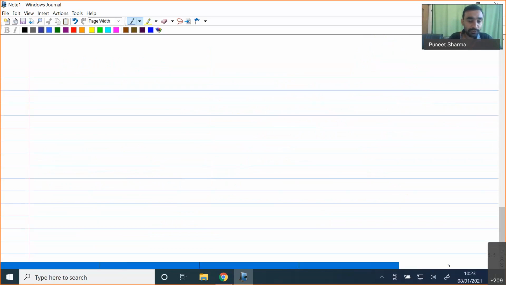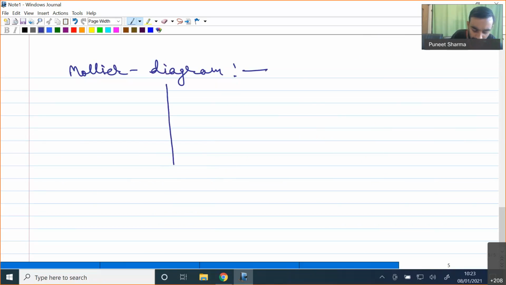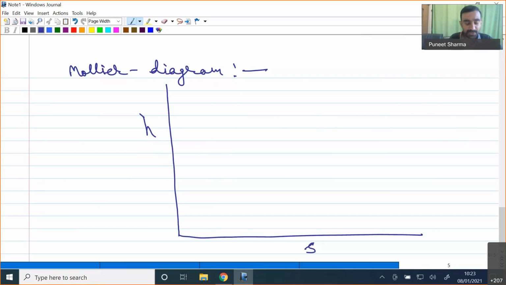If you recall my earlier lecture, I told you that we have one very important diagram which we call the Mollier diagram. The Mollier diagram is a curve between enthalpy and entropy. The diagram between specific enthalpy and specific entropy is referred to as the Mollier diagram.